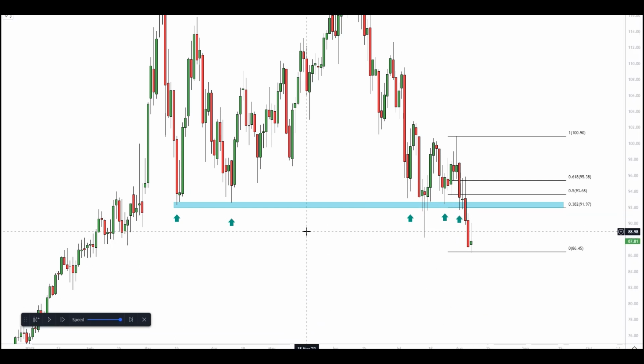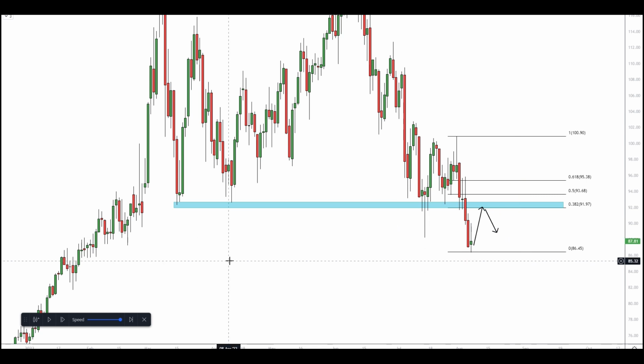So just from simply looking at oil, you can see that this area right here is super strong, because you've had multiple touches of the area as support. So every time price hit this area, we did get a reaction in terms of support. So once support is broken, we can potentially expect that support will then become resistance. And if that did in fact happen, this would support the idea of this trade.